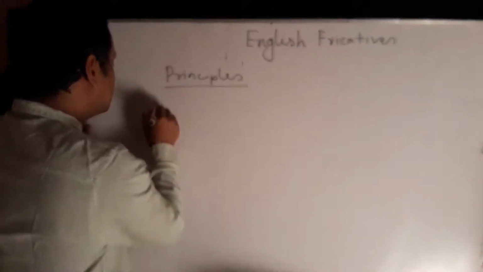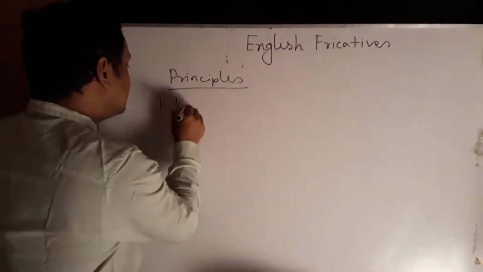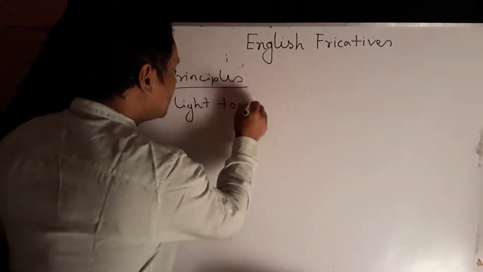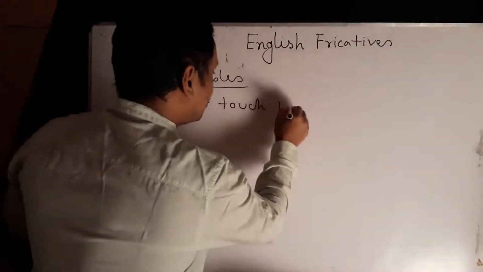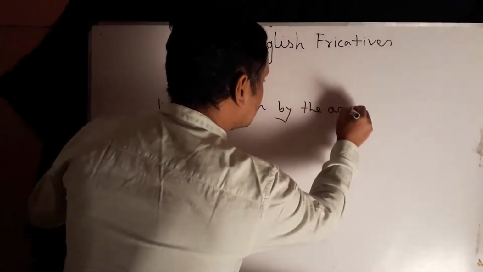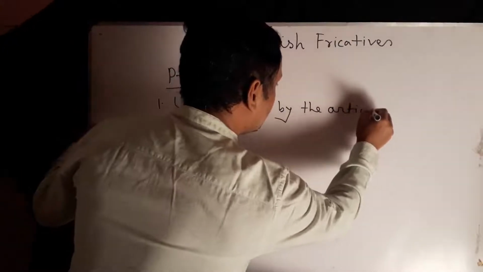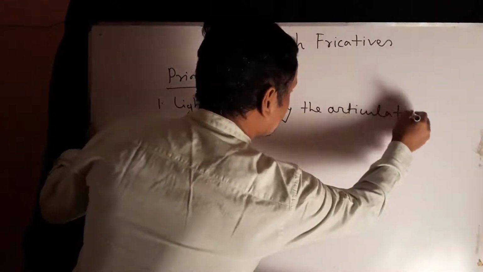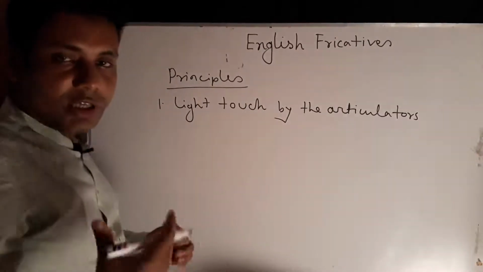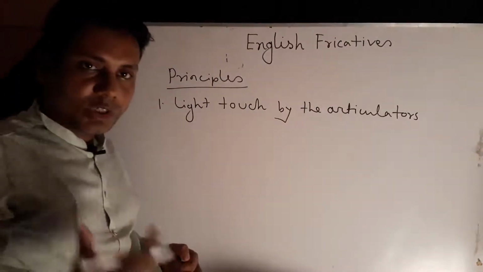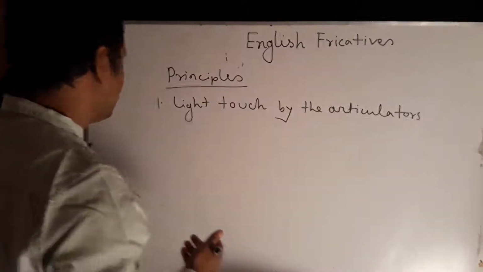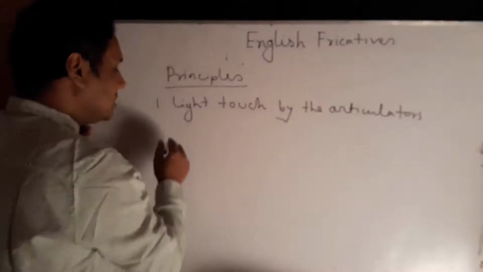Number one, light touch by the articulators. Articulators are the organs which are used to make a speech sound. Light touch by the articulators.